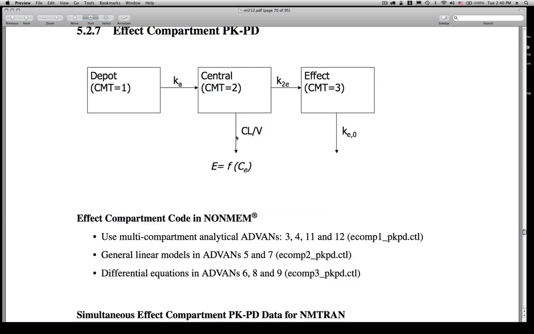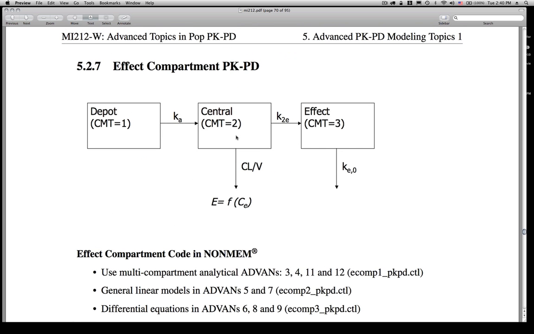In fact, I'm going to back up and make one more suggestion to your modeling strategy. Before you jump to this model, if there's any chance that you have a multi-compartmental kinetic system, so a 2-compartment or 3-compartment disposition, before building an effect compartment to relate to responses, you might want to just look at the predicted concentrations in the true peripheral compartments of a multi-compartment PK system.